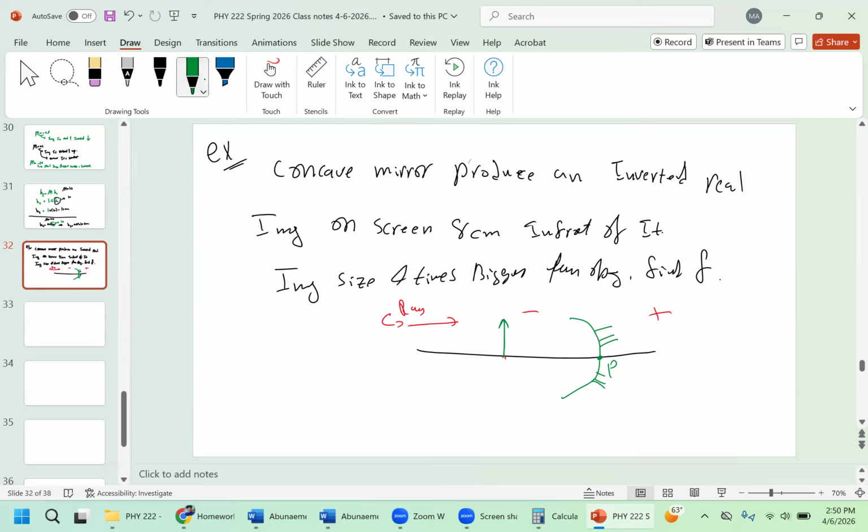Let's see, here's my object, and here's my image. And the image is inverted at a distance of 8 centimeters. So your distance of the image is 8 centimeters, and it's on the negative side, so it's negative. Your magnification is 4 times bigger, and it's inverted, so it's minus 4.